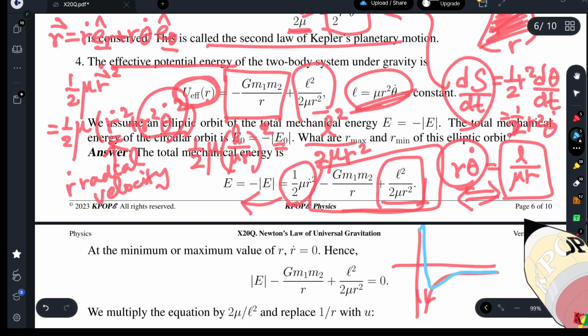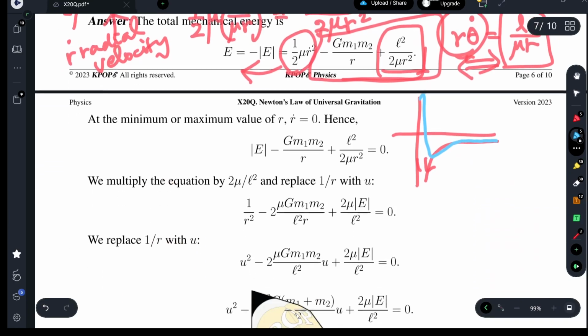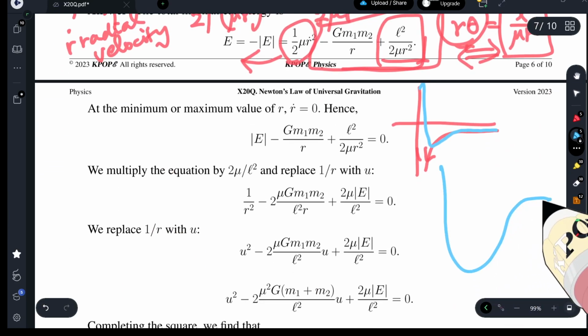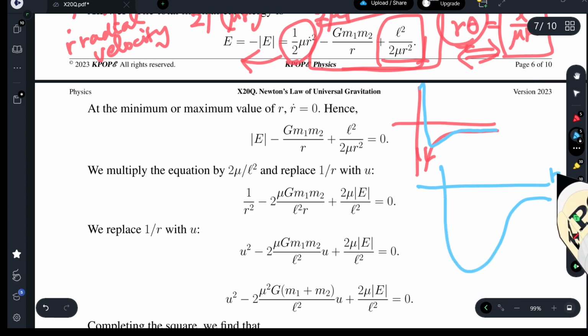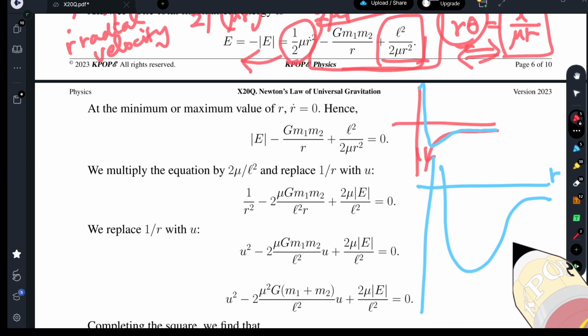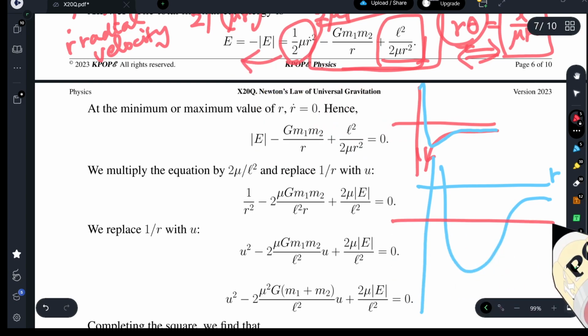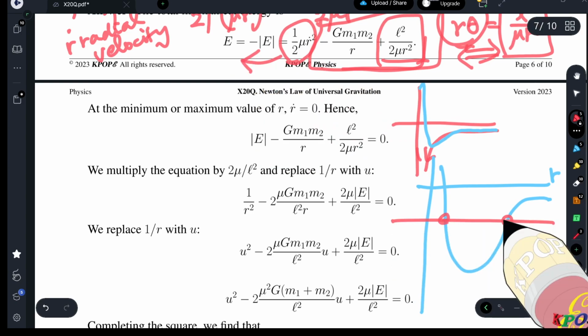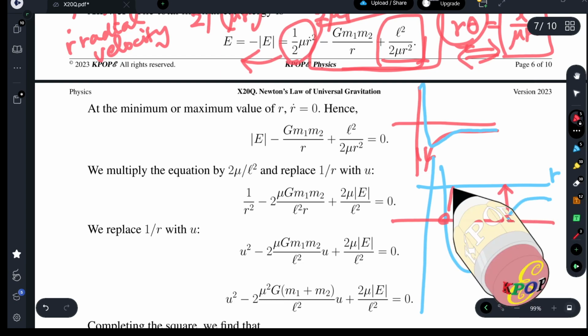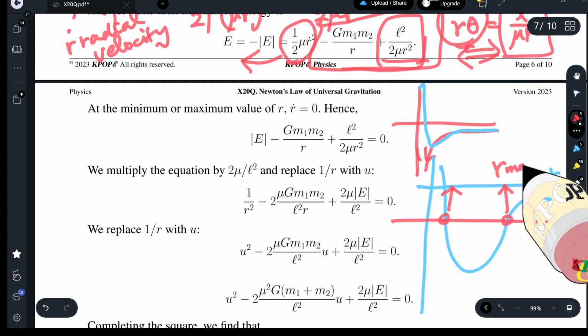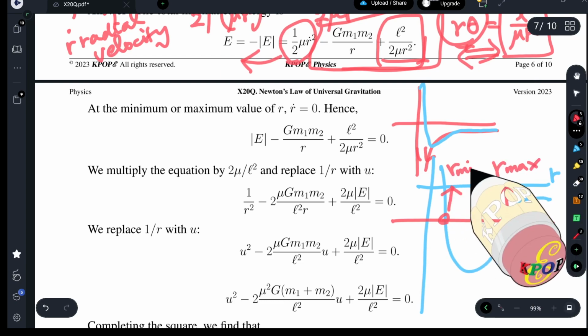So you will find that the effective potential energy has this kind of shape, and this is the direction of radius r. Okay, that's the reason why a bound state, whose total mechanical energy is negative, has two solutions that are called r maximum and r minimum.